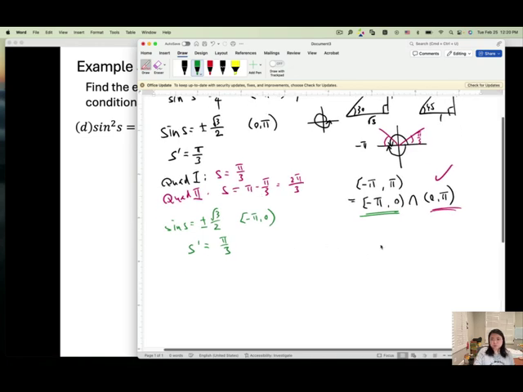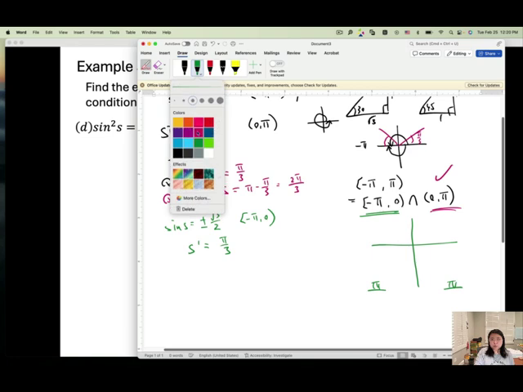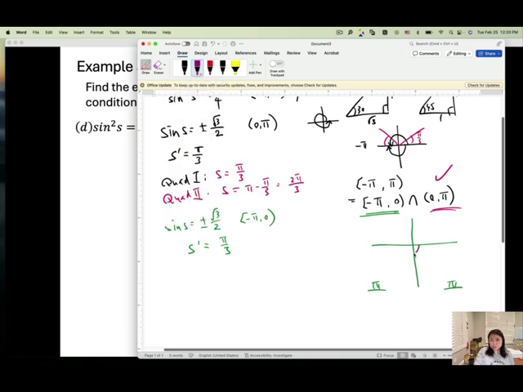Now we're going to look at quadrant 3 and quadrant 4, but we are going clockwise, like this way. So think about it.